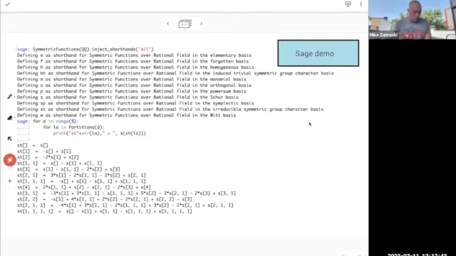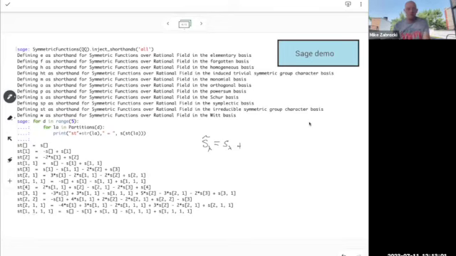If you compute the first few examples, the first thing you notice is that S lambda tilde is equal to S lambda plus lower terms.